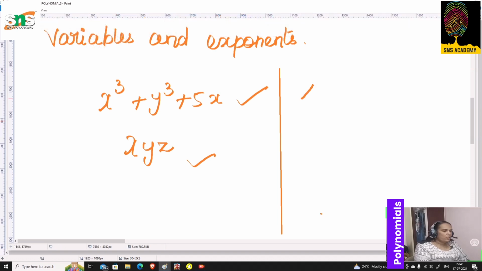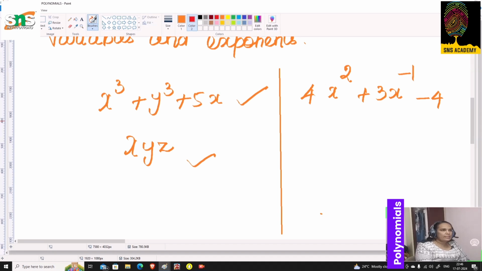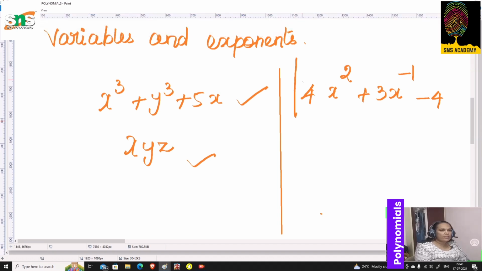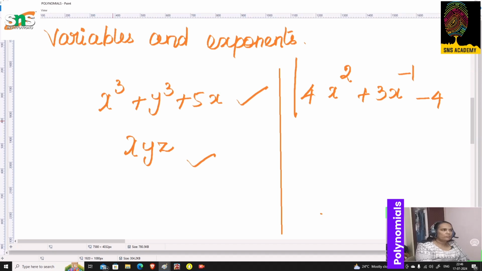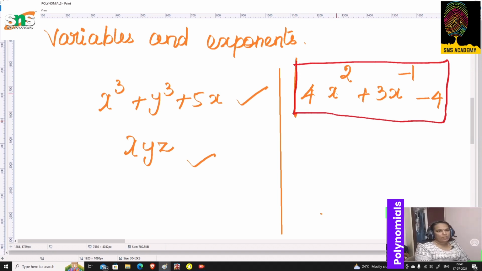I am writing an example for that. 4x square plus 3x to the power minus 1 minus 4. So when you observe the example which I have given here, 4x square plus 3x to the power minus 1.